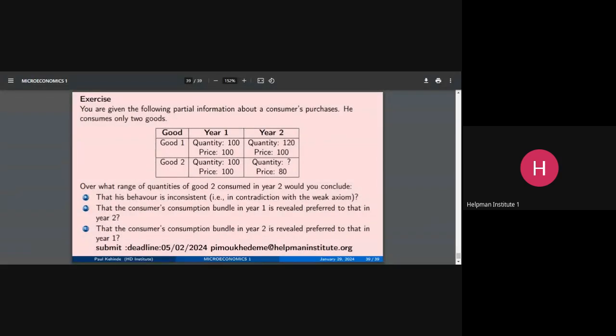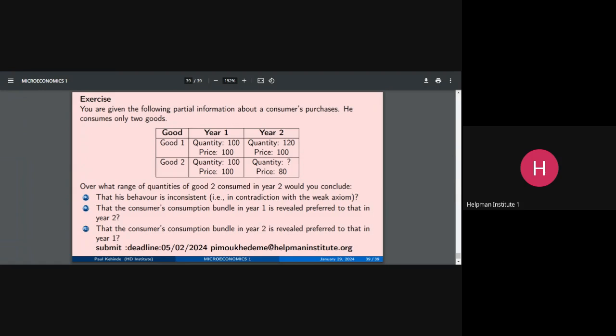So please do the assignments that I have here. All right. So in the next class, this is the assignment. We want to show that when you are given this certain preference, all right, we are given some goods one, goods two, and these are the prices and their quantities. You understand? All you need to do is check if this behavior is consistent. So check if it contradicts the weak axiom. Before doing that, you must find the missing price.